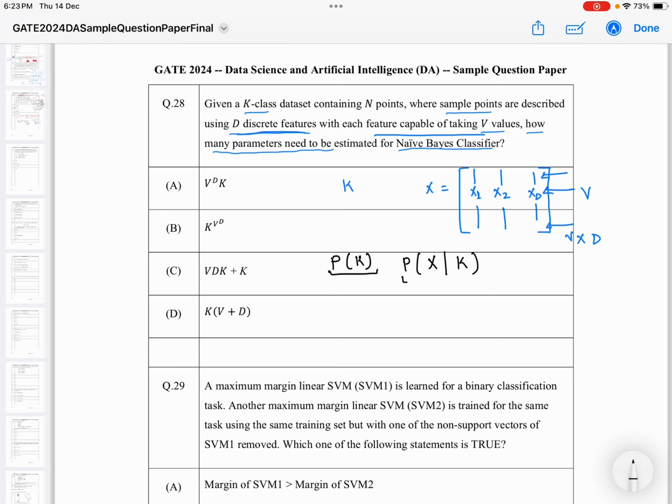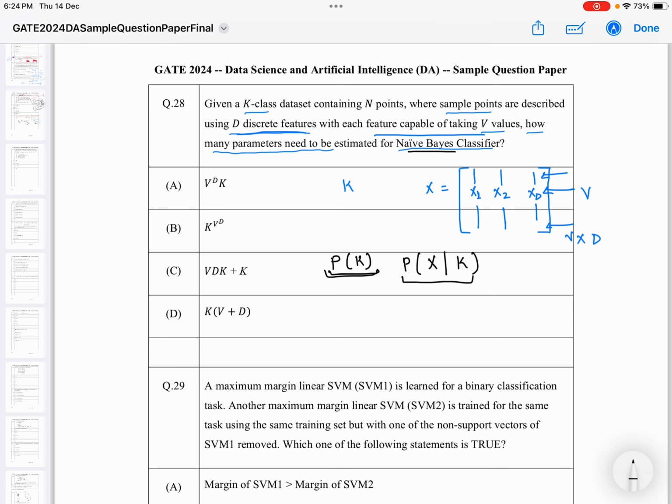If we know these two things, then during the test time we can easily calculate and classify the data, right?